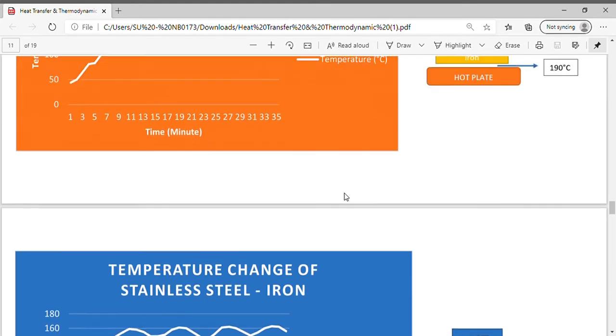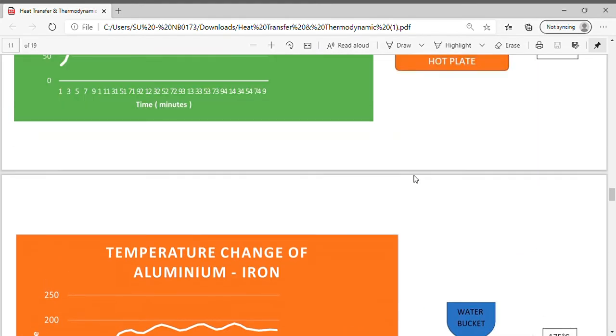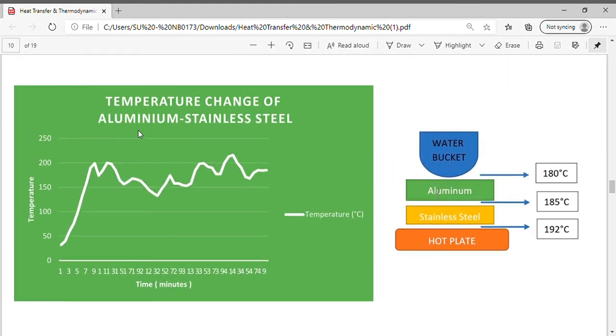From this data, we could see that the aluminum and stainless steel really change rapidly in temperature. I assume that it is because they have the highest thermal conductivity, so they are easily affected by the changing of temperature.